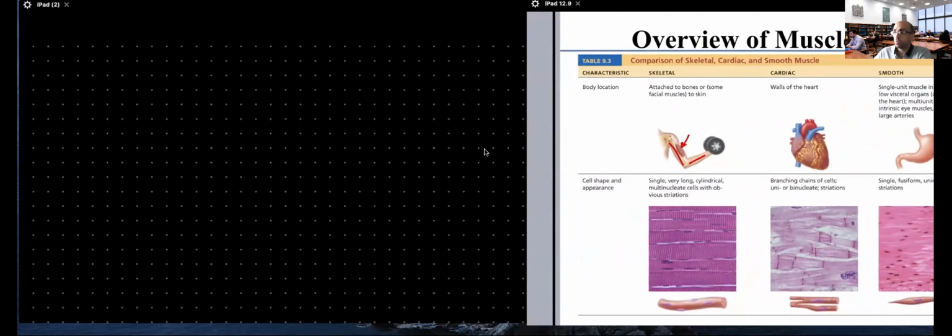Essentially, the other skeletal muscles are attached to bones to allow locomotion and movement. Some are attached to skin, especially those of facial expression.